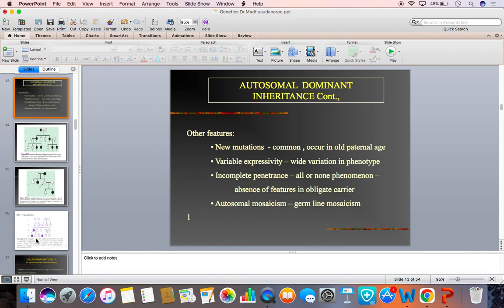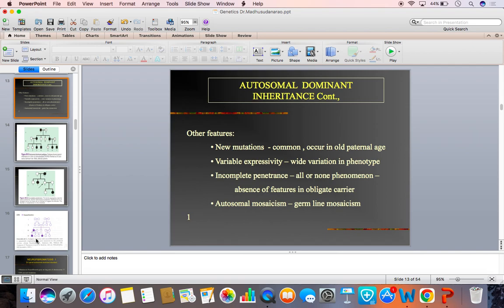Incomplete penetrance. That is, the disease has the features either fully or not at all, because of the phenomenon of absence of clinical features in obligate carriers. Autosomal mosaicism.